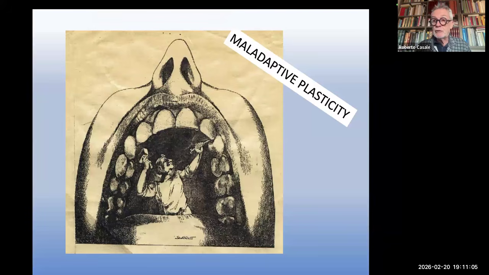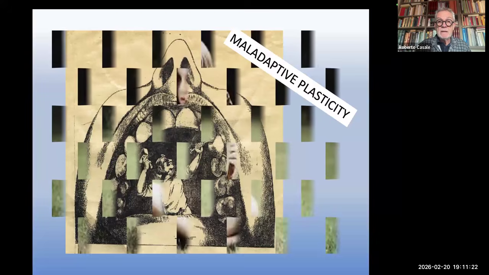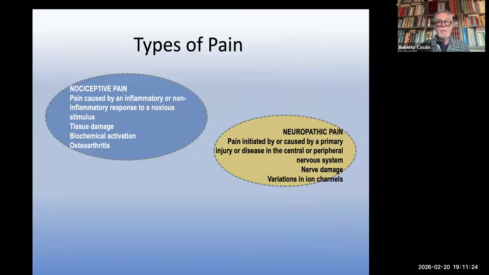Okay, but unfortunately, we also have maladaptive plasticity, which is related to ongoing painful sensation and afferences. So now we have two types of pain, one nociceptive, the other neuropathic, and this new entity that comes from the ability of the nervous system to change in a plastic way.